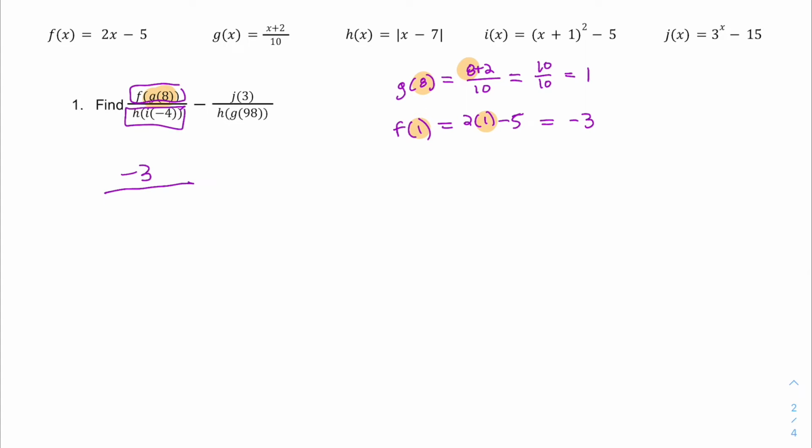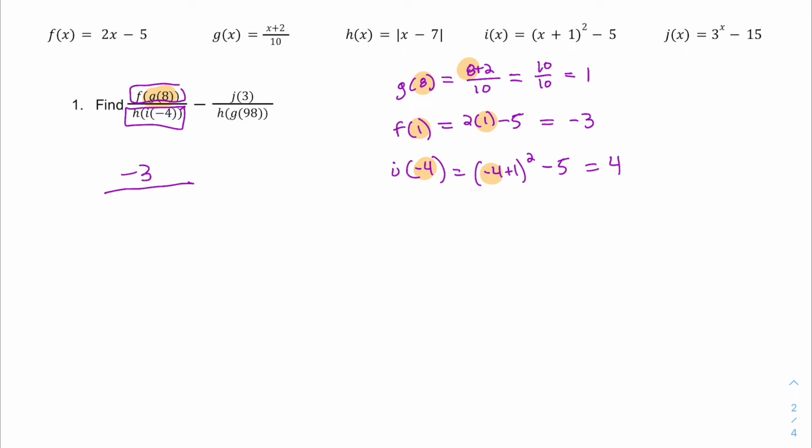Now I'm going to evaluate the denominator, i of negative 4. And so it's equal to negative 4 plus 1 squared minus 5. So negative 4 plus 1 is negative 3. Negative 3 squared is positive 9. Minus 5 gives me 4. So when I input negative 4 into my i function, I get out an output of positive 4.